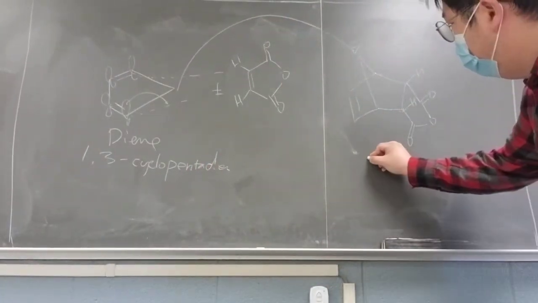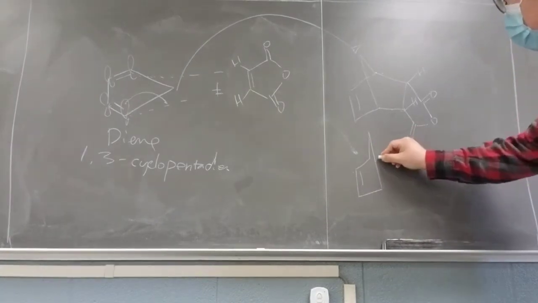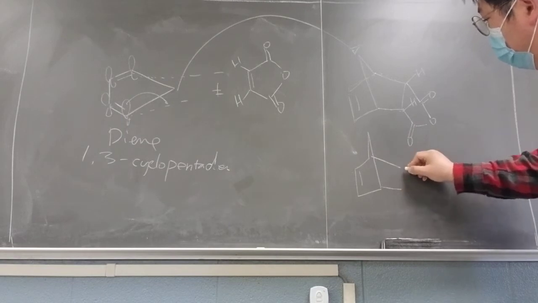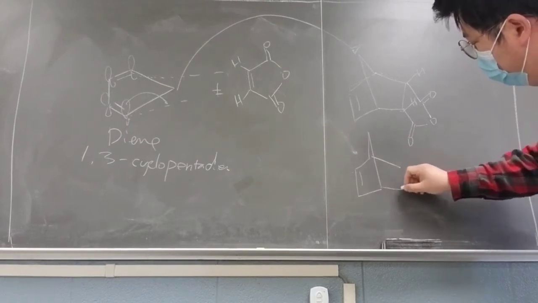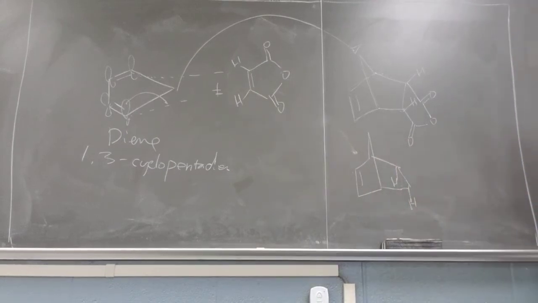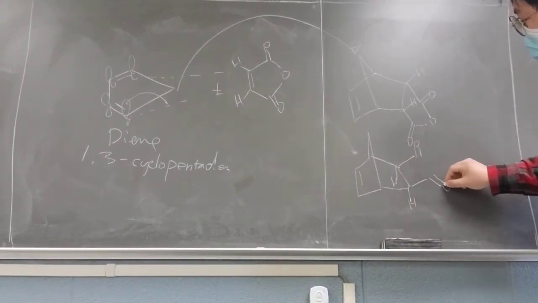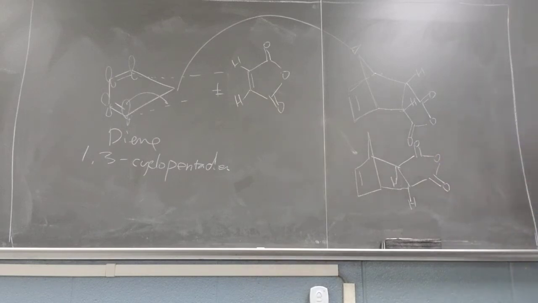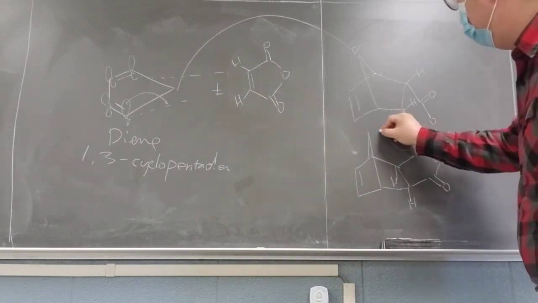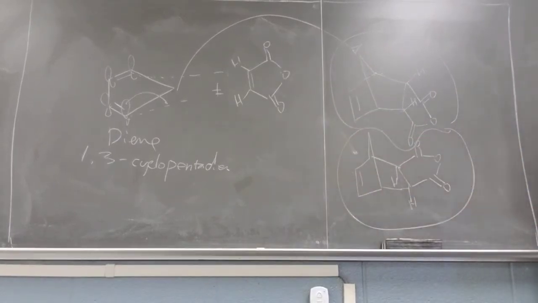So if you have this one over here, it's the same here. In case you're going to put those hydrogens on the downside, and this one. So there are two possible products, stereochemically speaking, right?